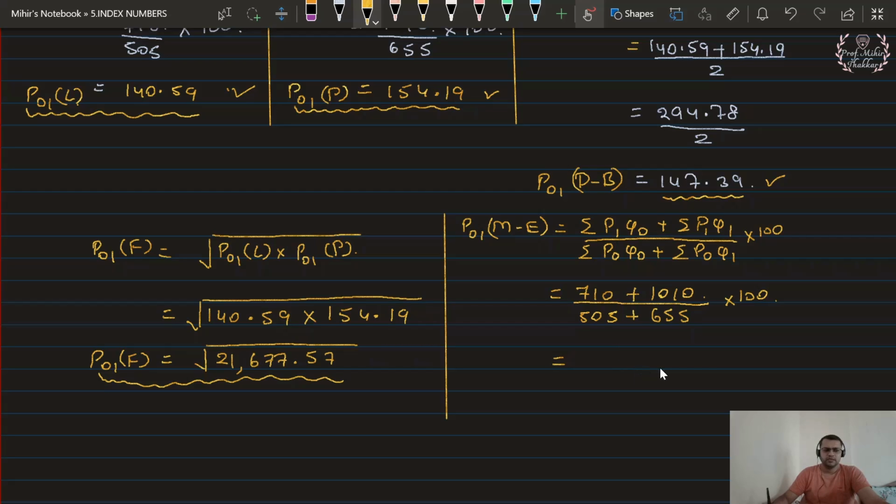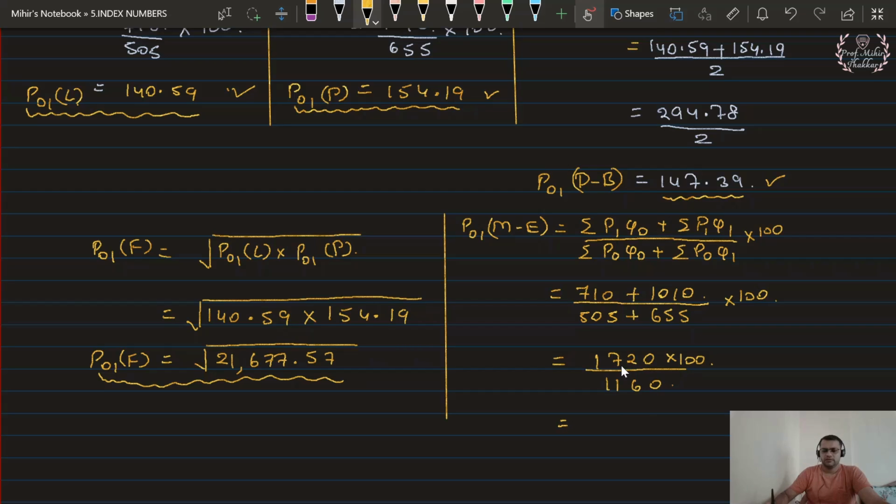First, you will add the numerator values over here. 710 plus 1010, you will get 1720, divided by the denominator value, which is 505 plus 655, giving you 1160.